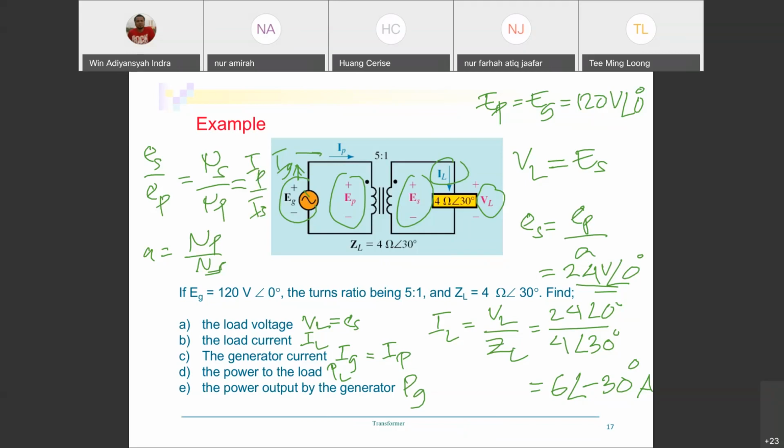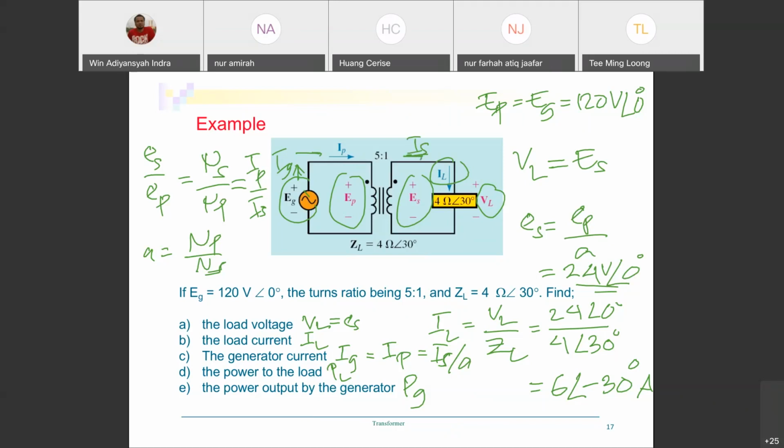So simply IP equal to IS over A, right? IS is the secondary current.